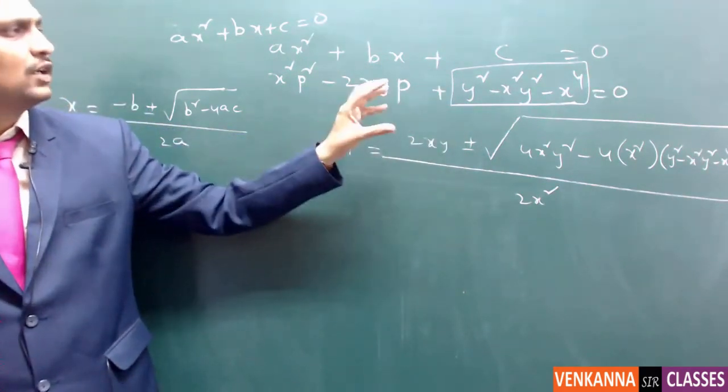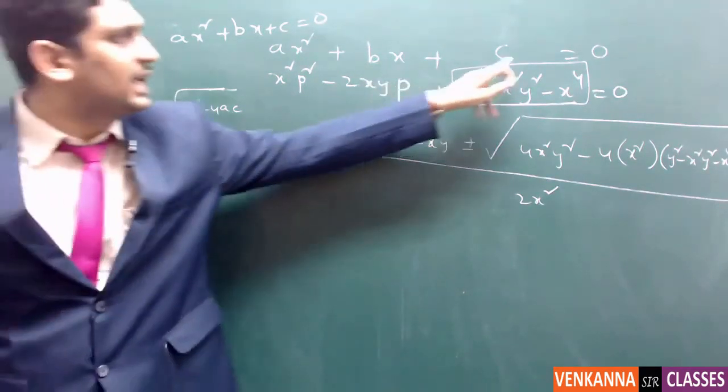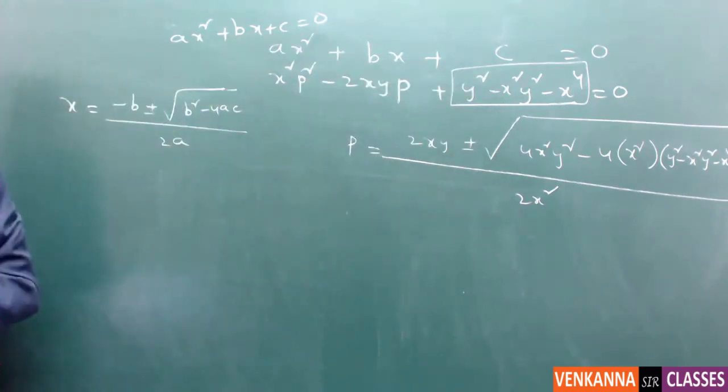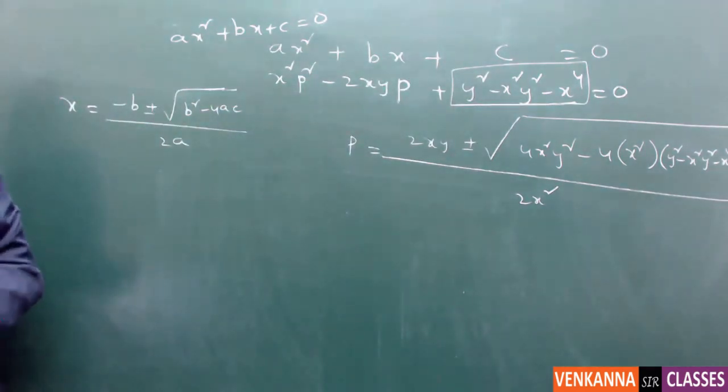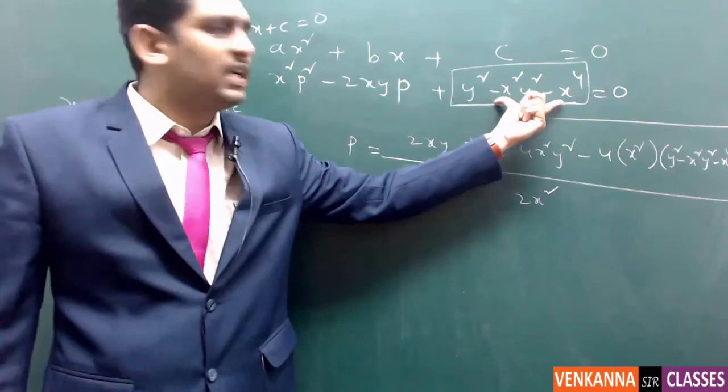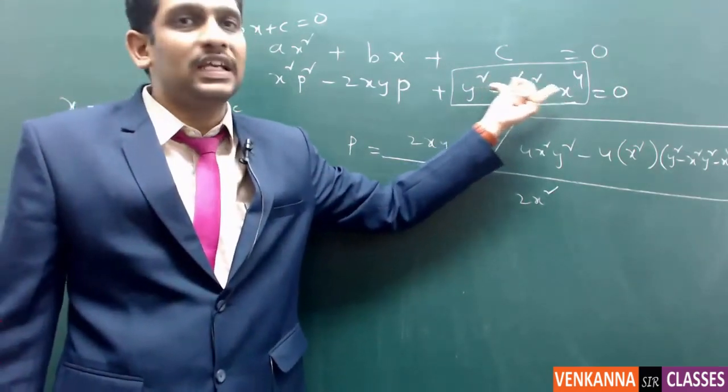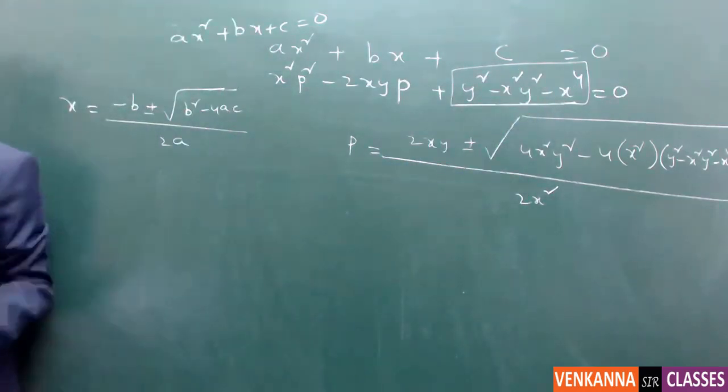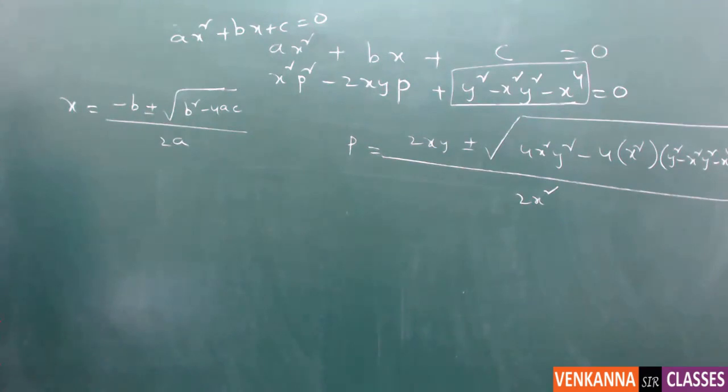You are able to visualize the content like this: ax square plus bx plus c. And the other thing is, in the constant, each power must be even. In other words, if you consider the terms' power, it must be even, so that it is possible to write the given equation in that form. Accepted?